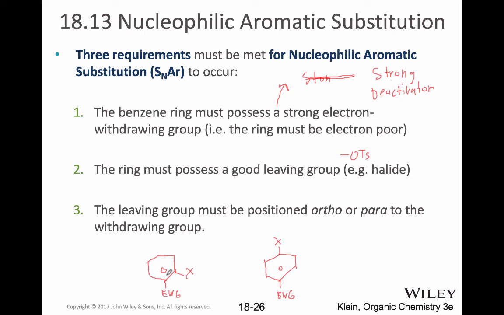Where the halide is dictates where you add the nucleophile. So if I do a nucleophilic aromatic substitution here, I'm going to be replacing whatever is here. And keep in mind, I can increase the rate of this nucleophilic aromatic substitution as I add more electron withdrawing groups onto the molecule.